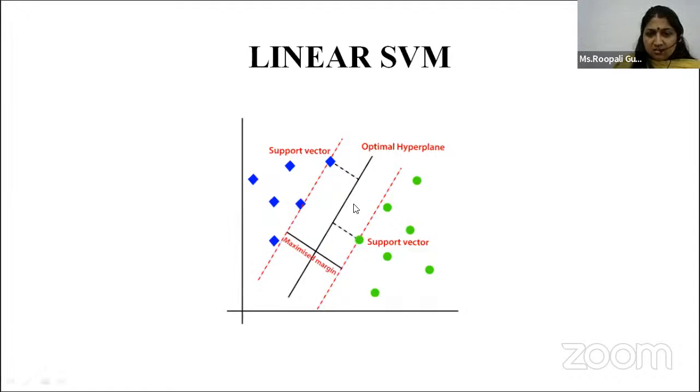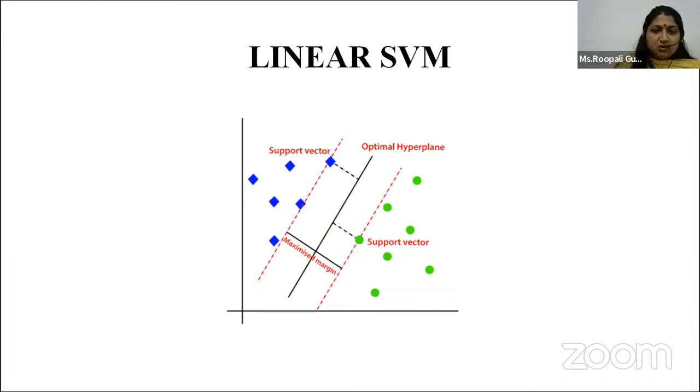See, this is the optimum hyperplane because the distance between the two support vectors is maximum, the maximum margin. So this is linearly separable because by drawing one straight line, we can separate the objects into two different classes. So this is called linear SVM.